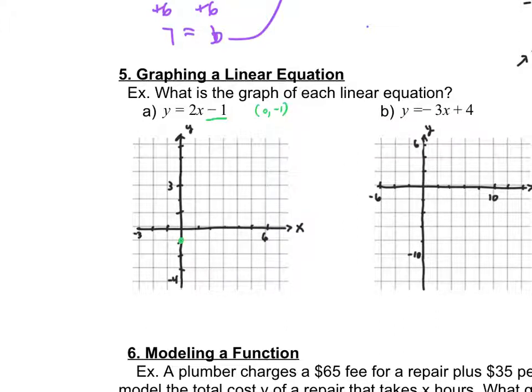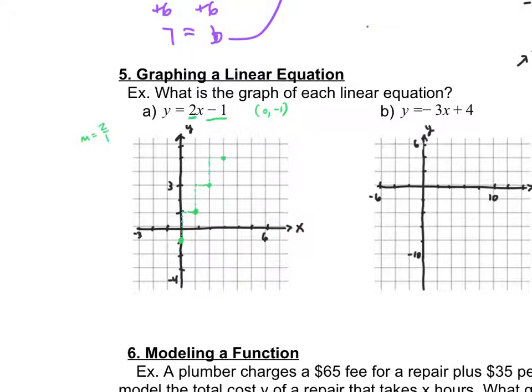I'm going to start there and move my slope from that point. My slope is the same thing as 2, so slope is 2 over 1, my rise over run. So I'm going to go up 2 over 1. And I'm going to start again from that point and go up 2 and over 1. And I'm going to continue to do that to graph my points.